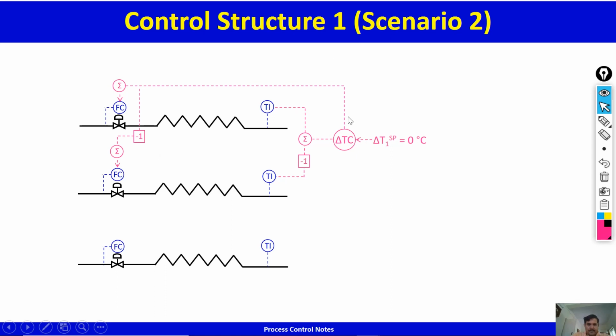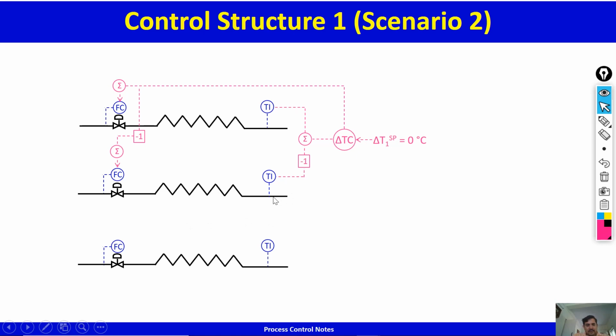I repeat, the delta T controller makes a change in F1 and the same change with the negative sign is made in F2. So whatever increase in F1 is implemented, the same magnitude decrease is implemented in F2. So F1 plus F2 remains the same. And because F1 plus F2 is the same and there is no change being made to F3, F1 plus F2 plus F3 remains F dot, no change in F dot. Okay, so that's what you do here.